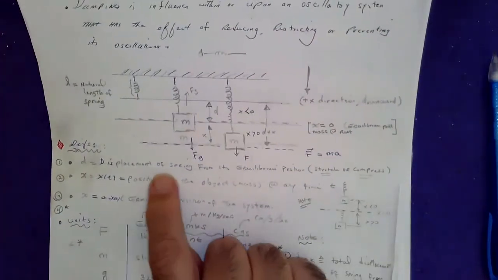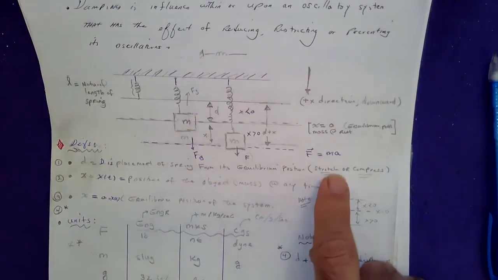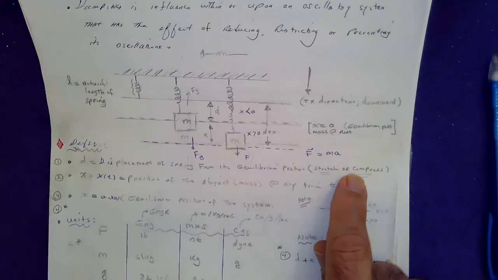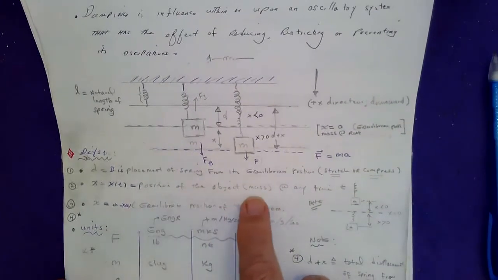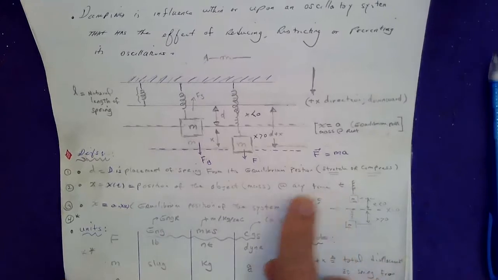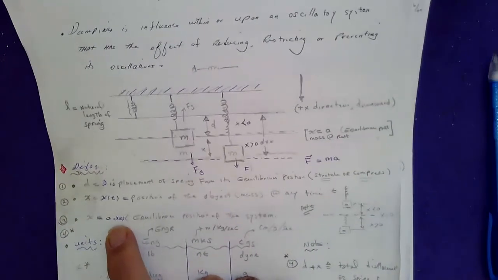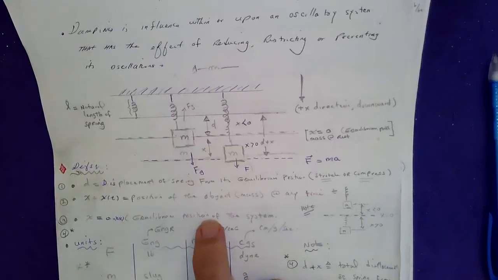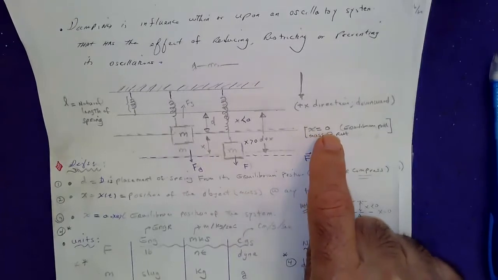D stands for displacement of the spring from its equilibrium position. It could be the stretch or compress, the amount of deflection. X sub t is the position of the object or mass at any given time. And X equal to 0 is the equilibrium position of the system. So right here, X sub t is equal to 0.